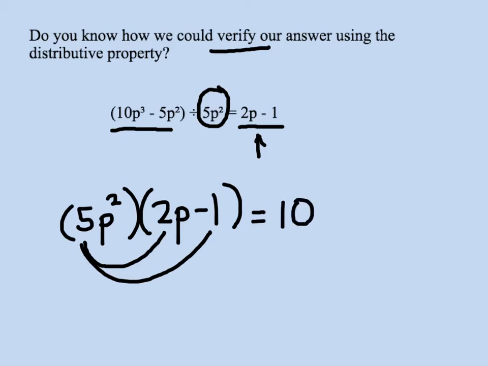P squared multiplied by p gives you, keep your base the same, add your exponents, p cubed. Moving on to the next term. 5 times the negative 1 is a negative 5. There's no literal coefficient with that negative 1, so it's negative 5p squared. And we did. We got the same answer as our dividend. So we know that our solution of 2p subtract 1 was correct.